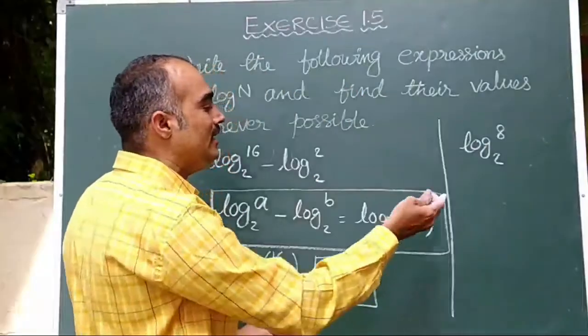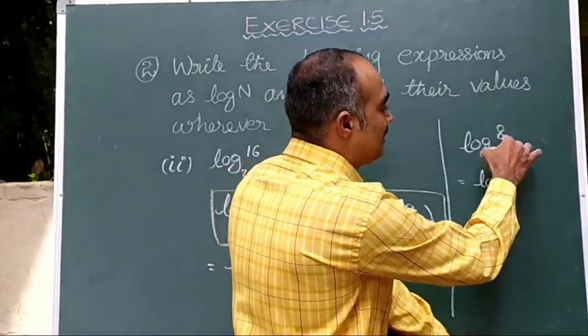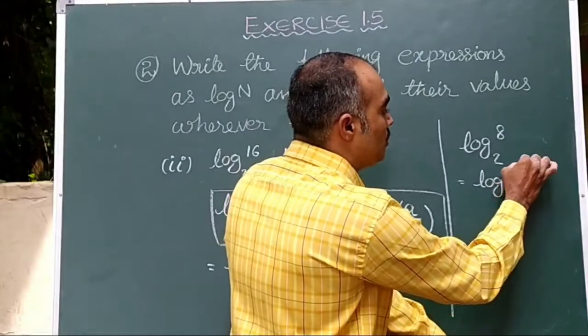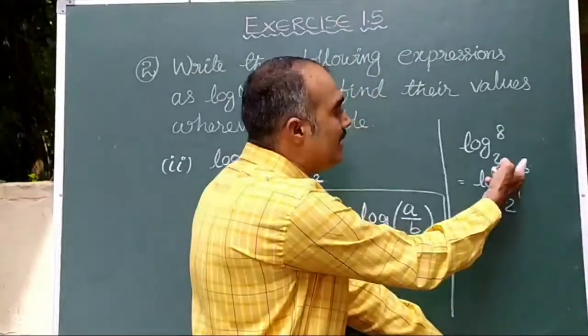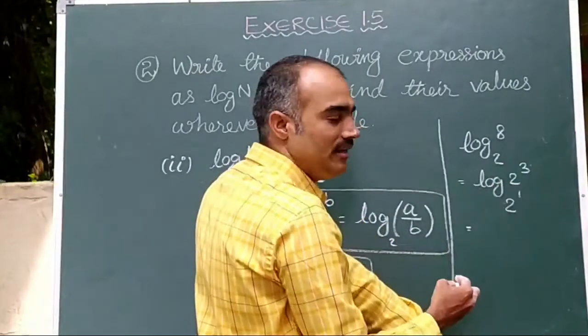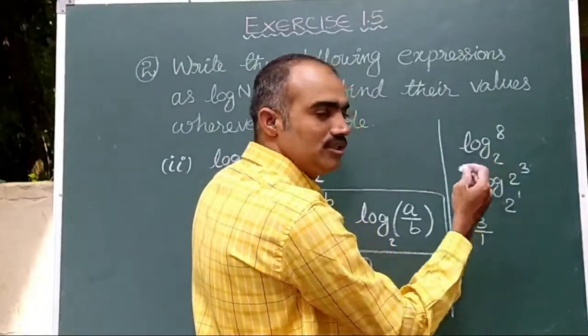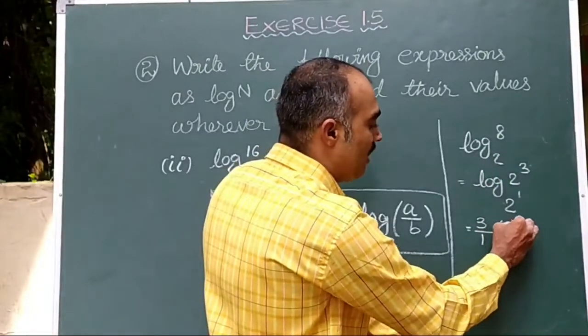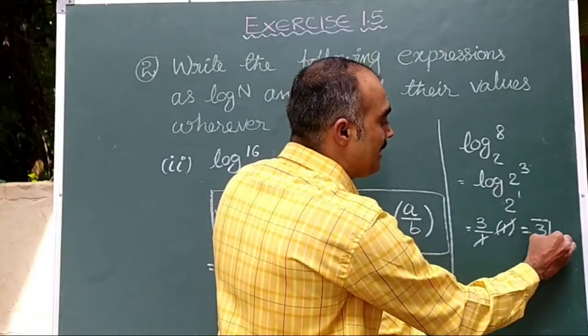As we have done in the earlier problem, log 8 can be written in powers of 2 as 2 cube, and here 2 power 1. As I have told you earlier, these powers come forward. So it is 3 by 1, log 2 base 2. Log 2 base 2 value is 1, so the 1s cancel. Here this 3 is the second answer.